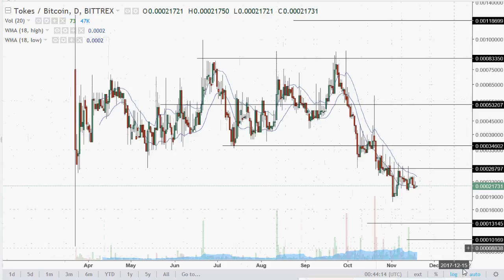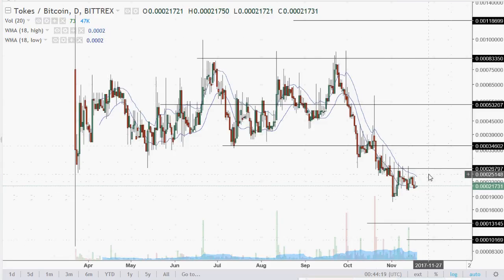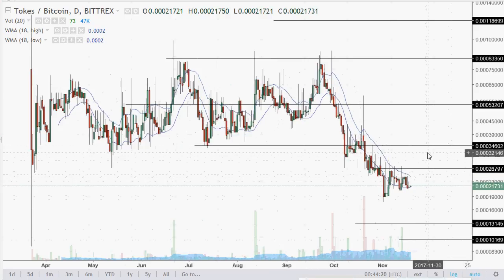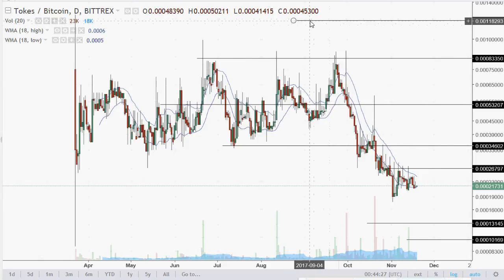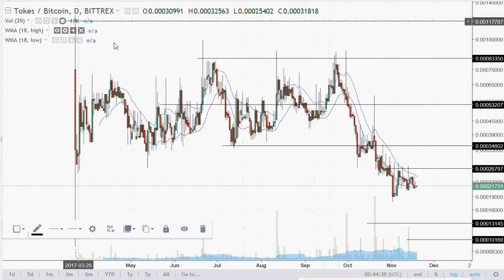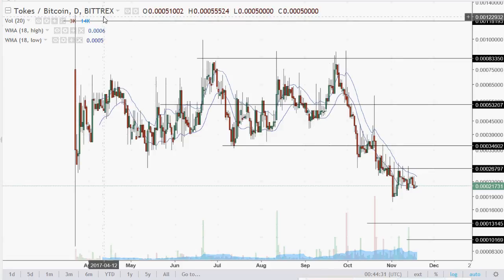With a buy order in at 13,100, buy order in at 10,000. Sell order in at around 27,000, about 34,000, 53, 83, and then this high, which represents this previous high as well. So that will be the sells.